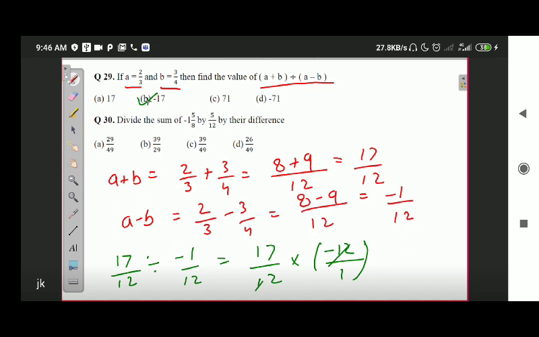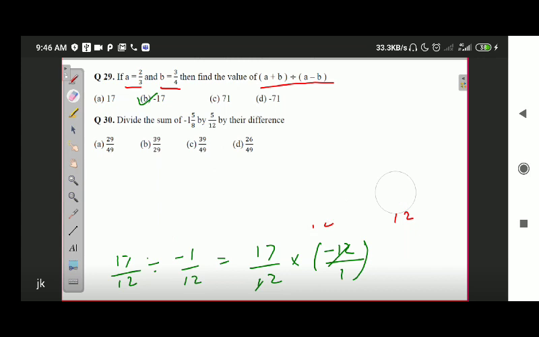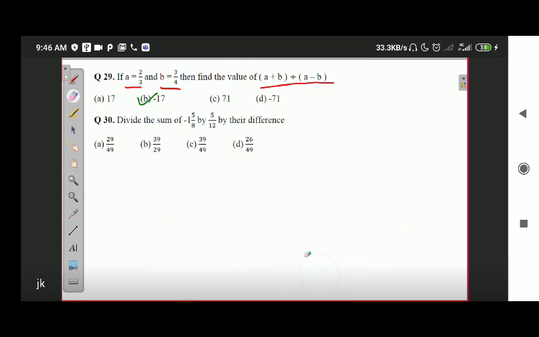Okay. Next question is, divide the sum of minus 1 upon 5 by 8 by 5 by 12 by their difference. First of all, you have to determine the sum of these two numbers, and then this is not by end. Okay, not by end.